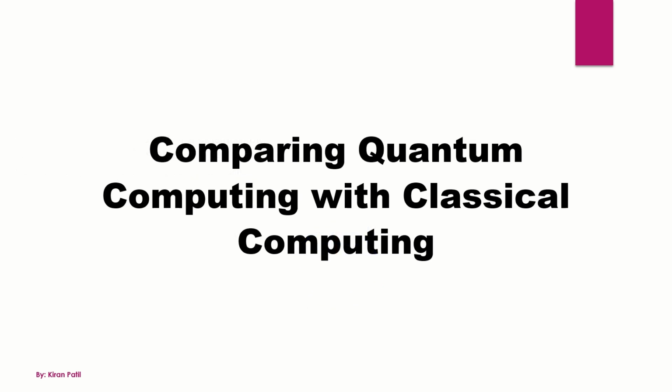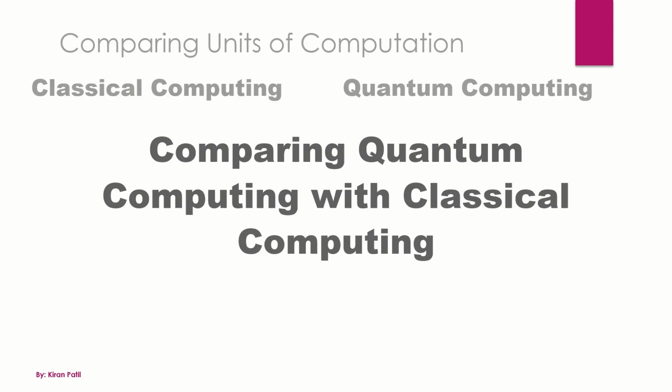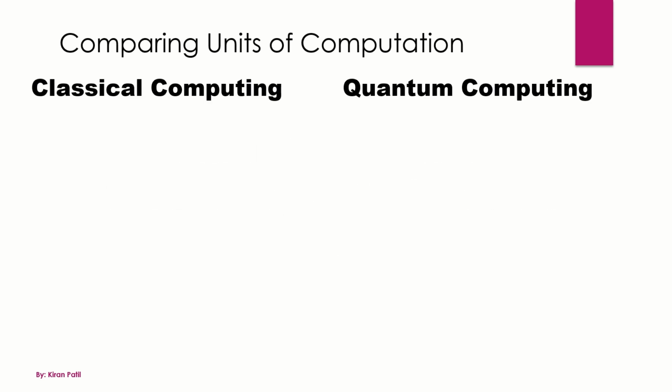Now we will compare quantum computing with classical computing. To compare them, firstly, the representation of bits in classical computing is 0 and 1. These are known as the states of classical computing, state 0 and state 1.